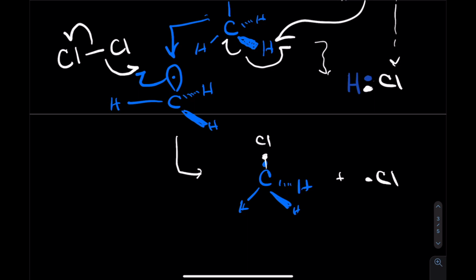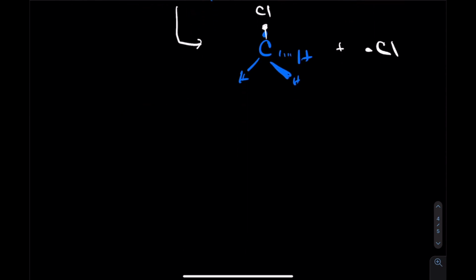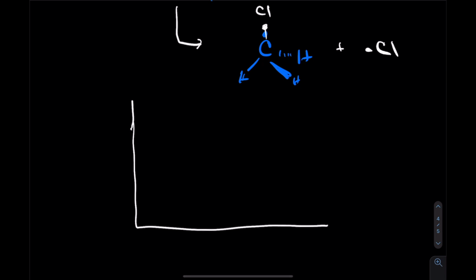And so you can now draw a good potential energy diagram for this entire process. Okay? So you can start off with your reactive intermediates. Your chlorine radical that you created from light is going to come and react with your methane gas. All right? And then that is going to have a transition state.